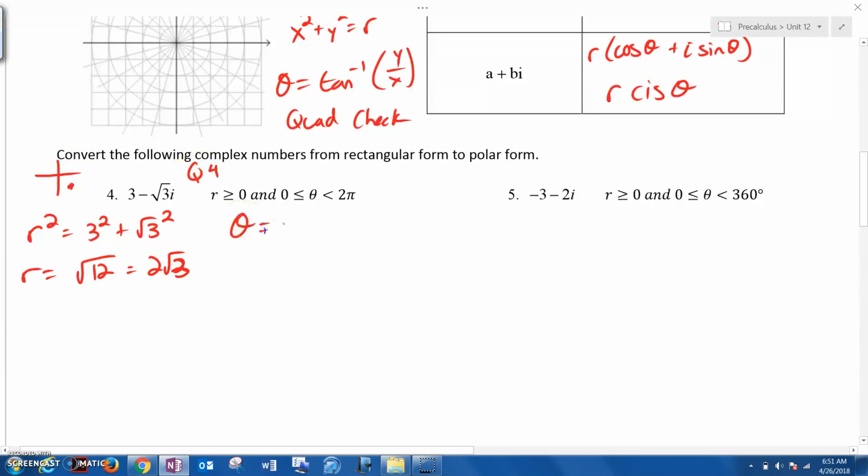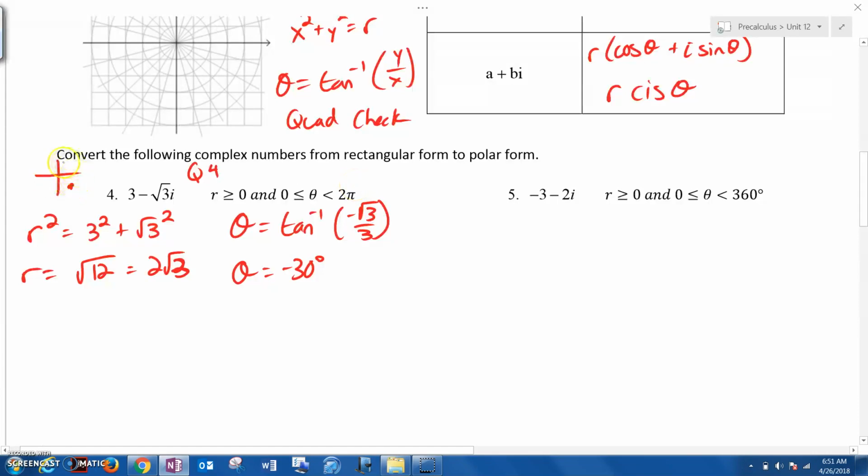So let's find that angle. I have to do tangent inverse of negative root 3 over 3. Now if you're not comfortable doing this in radians yet, use degrees on your calculator. And if you do that, you get that theta is equal to negative 30 degrees. Well, again, that is not correct because I need an angle between 0 and 2 pi, or a positive angle.